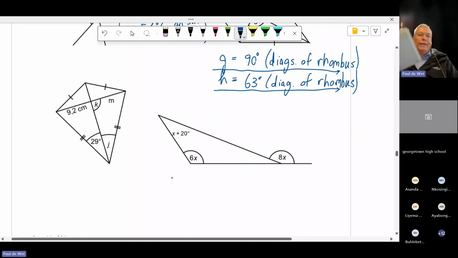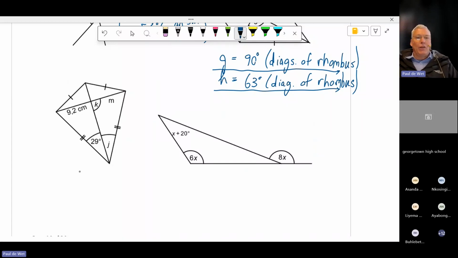What shape is this one? It's a kite. So what size is K? Guys, the diagonals of a kite are at 90 degrees to one another. Diagonals of kite.